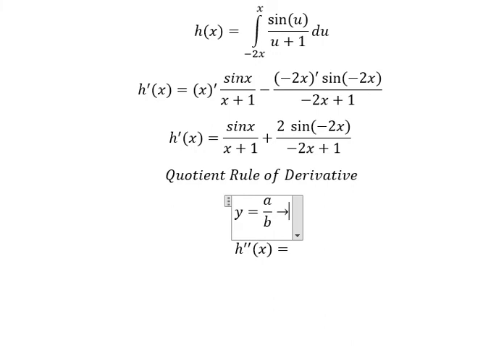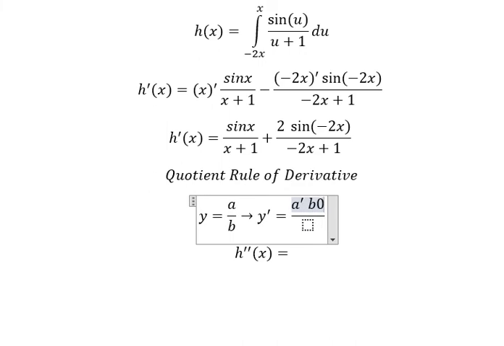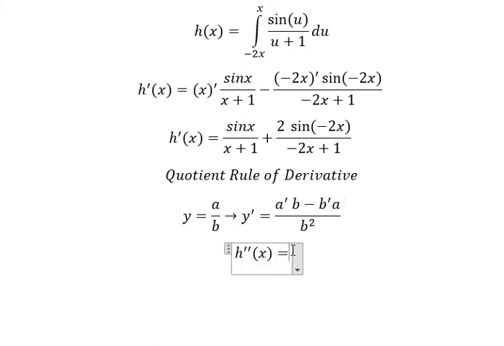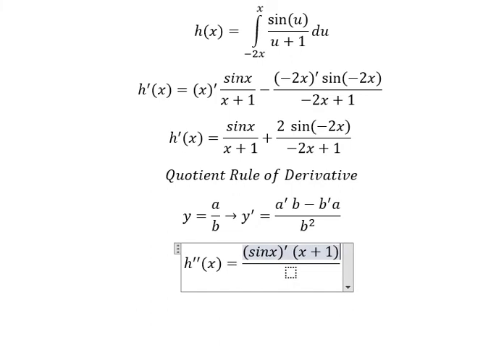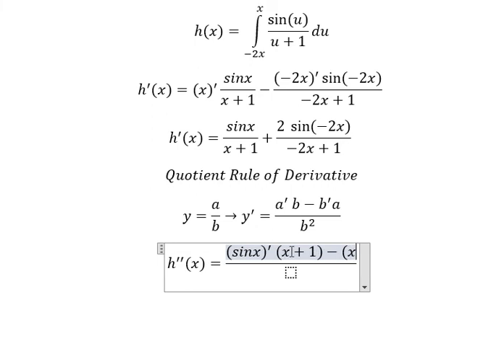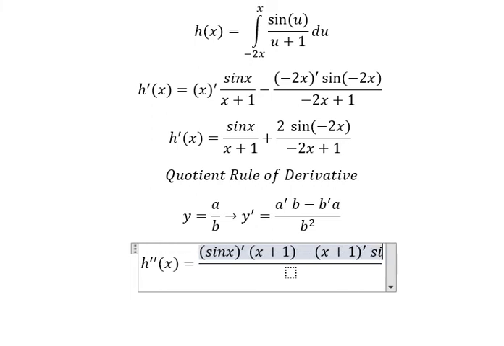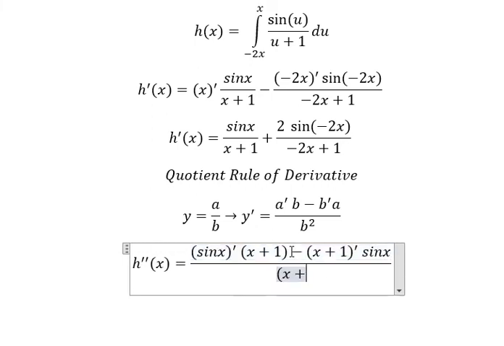If we take the first derivative in here, we will take the first derivative of a multiplied by b minus the first derivative of b multiplied by a over b squared. Now we apply this one and this one. So we take the first derivative of sine s multiplied by s plus 1 minus the first derivative of s plus 1 multiplied by sine s over s plus 1 to the power of 2.